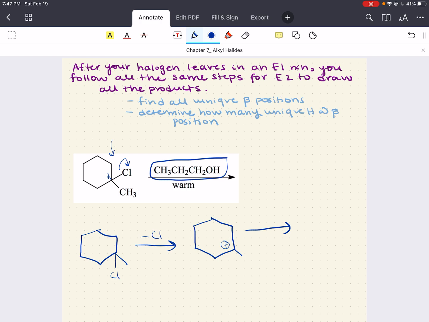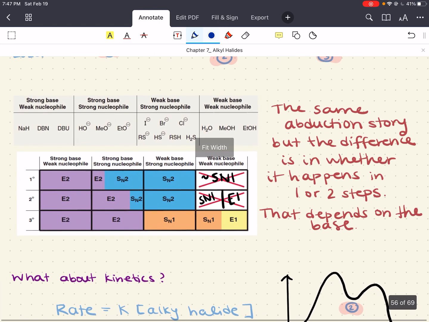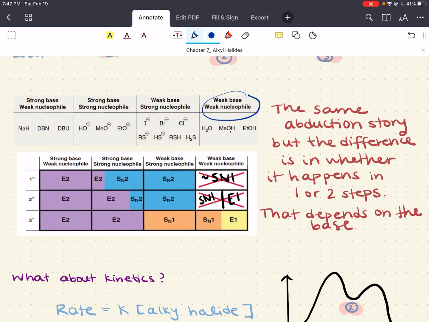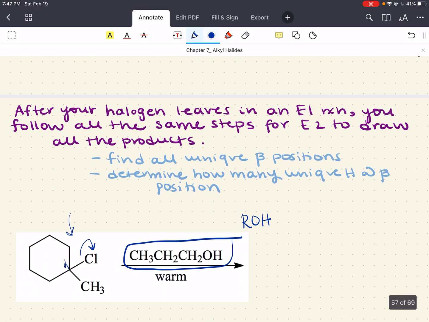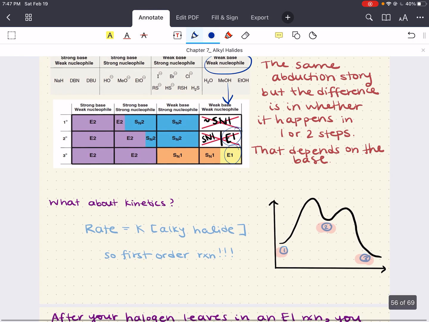Now, look at our nucleophile. This is in the form of ROH, which is a weak base, weak nucleophile. Elimination reactions tend to happen at alpha carbons that are secondary or tertiary substituted, so keep that in mind.